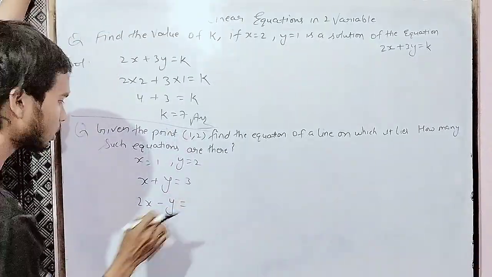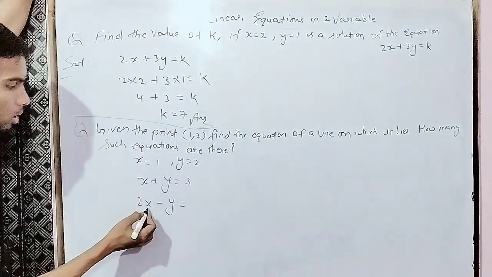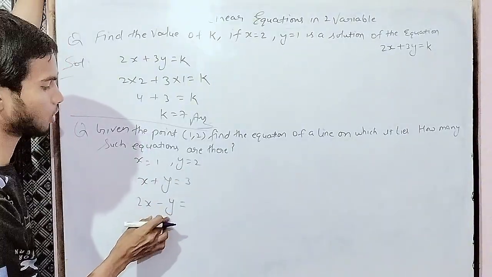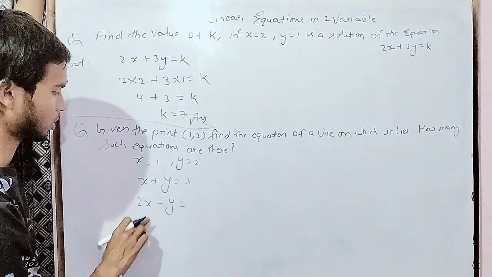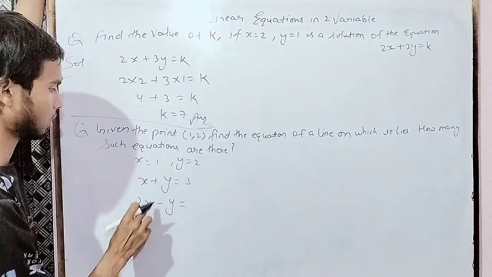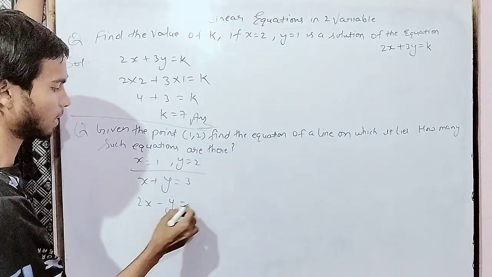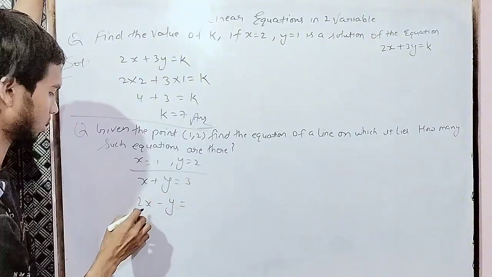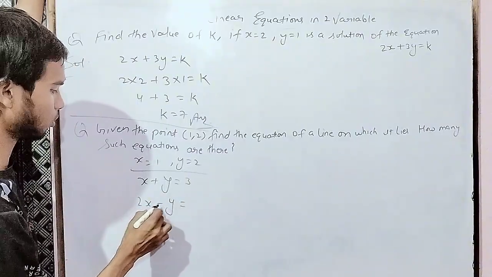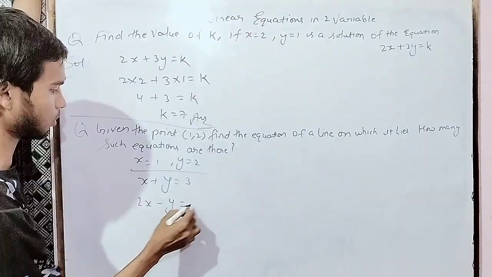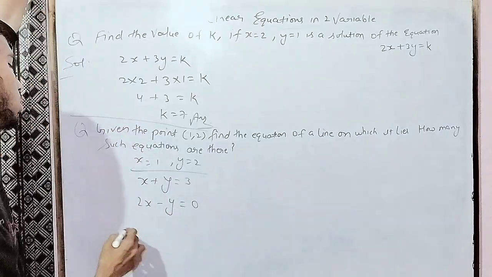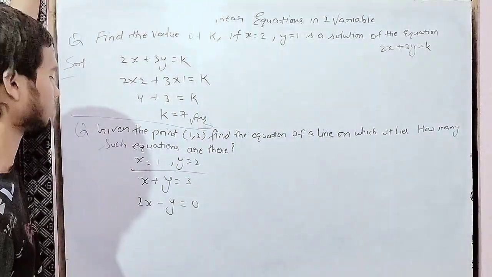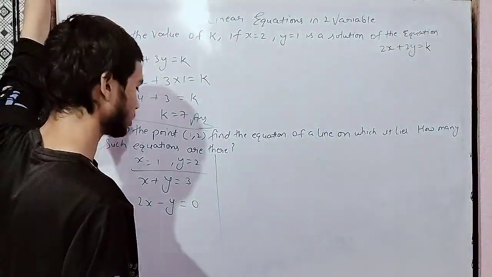So here, if we put 1 in place of x and 2 in place of y, what will it be? 2 times 1 is 2, minus 2, it will be 0. So like that you can find many equations.